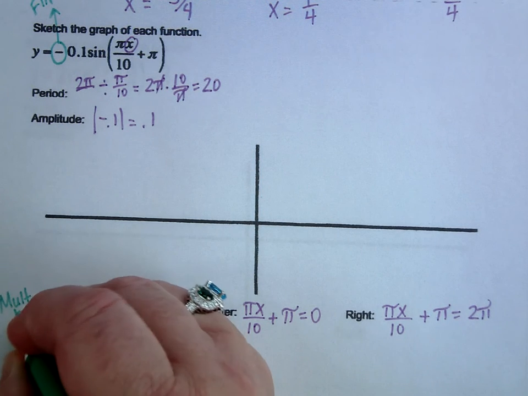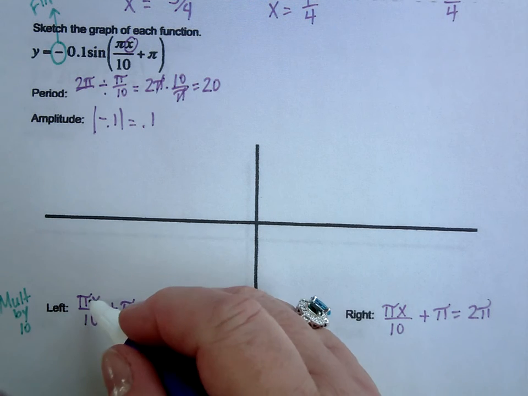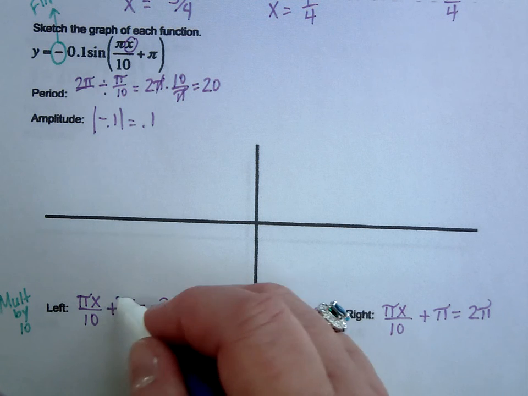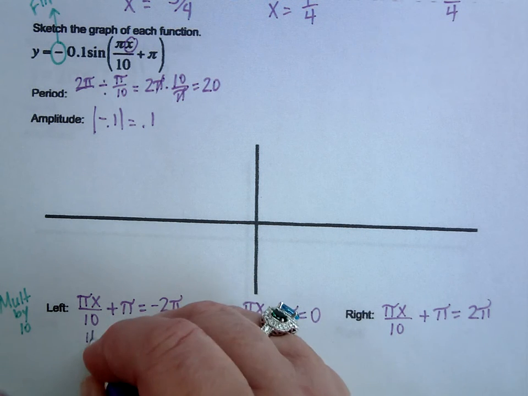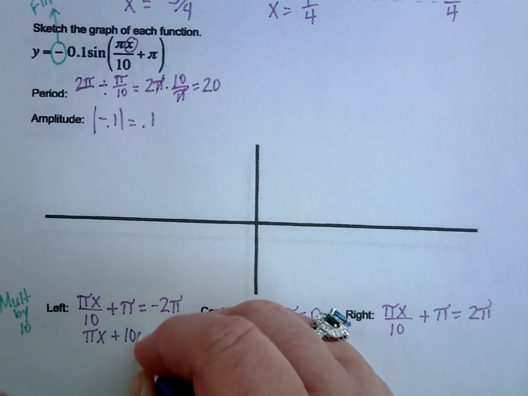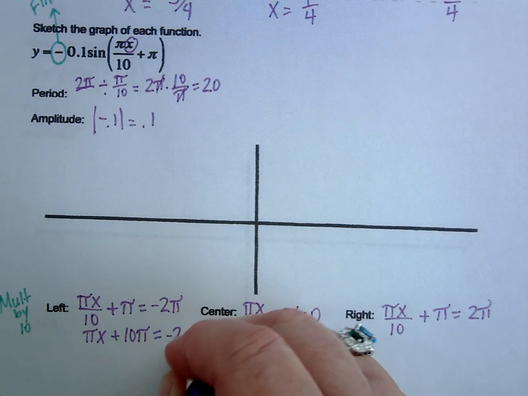So multiply by 10. Alright. Well, if I multiply pi x over 10 times 10 over 1, the 10's cancel. And I have just a pi x. 10 times pi is 10 pi. 10 times negative 2 pi is negative 20 pi.